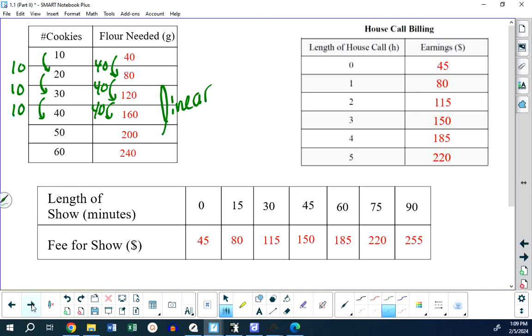If we go back, well, first of all, is this linear? Up by 1, up by 1, up by 1, up by 35, up by 35. Yeah, that's linear. The magic show was linear for the same reason.